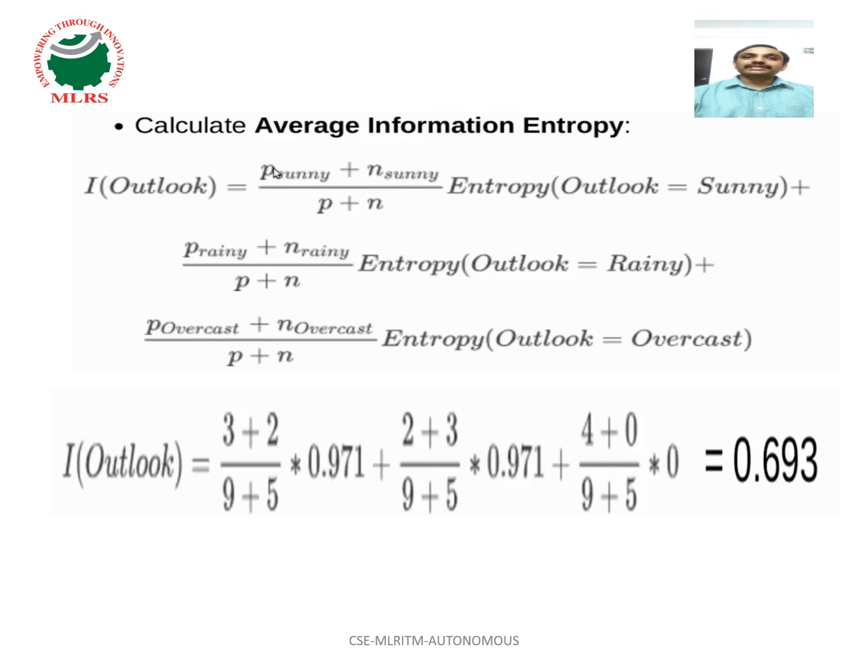So that is P sunny plus N sunny divided by P plus N. We multiply that with the entropy value. So see, I of outlook equals, how many positive are there? 3 for sunny and 2, divided by 9 plus 5. 9 is in the total set: how many positive are there? 9. How many negative are there? 5. Multiplied by the entropy value which we calculated earlier. Like that we have to calculate average information entropy.